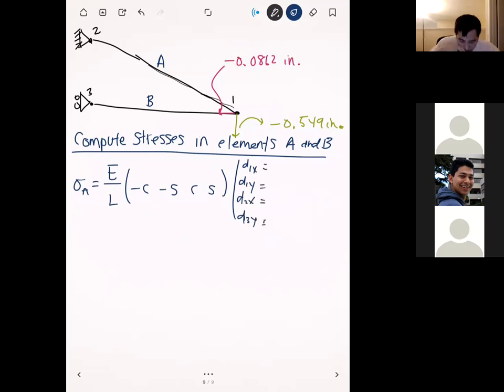All you have to do is plug in your displacement solution here, and then plug in the angles for that element. We know d1x is going to be minus 0.0862 inches. d1y is going to be minus 0.549 inches.